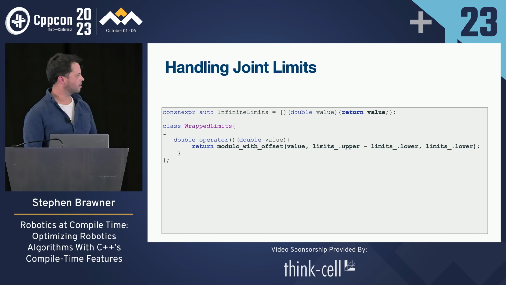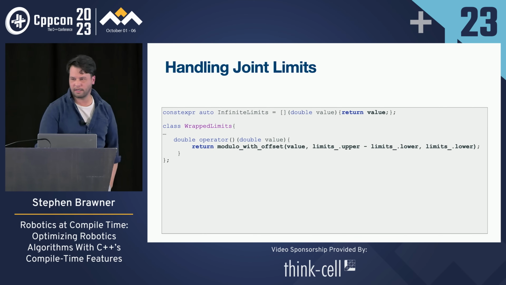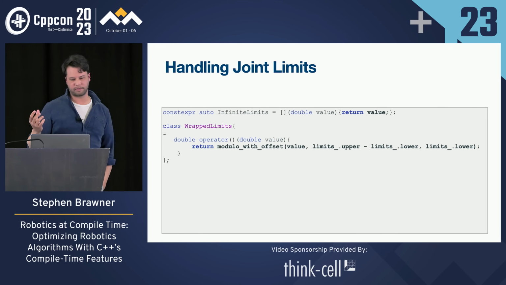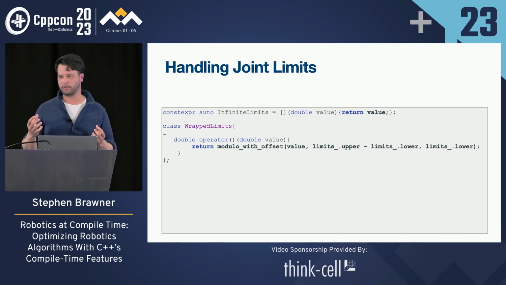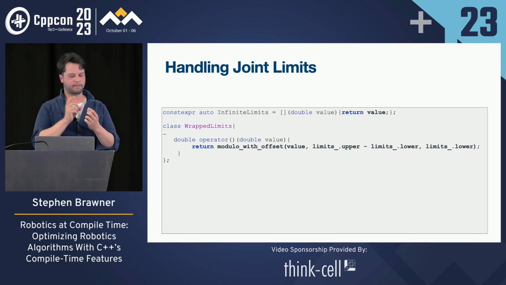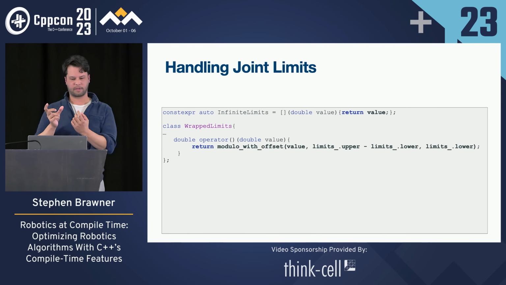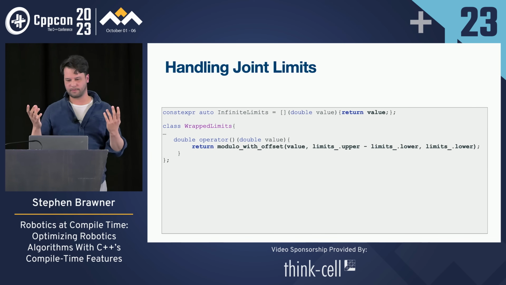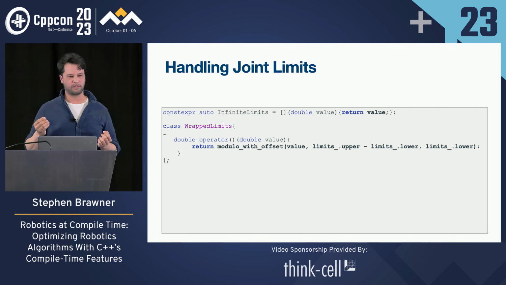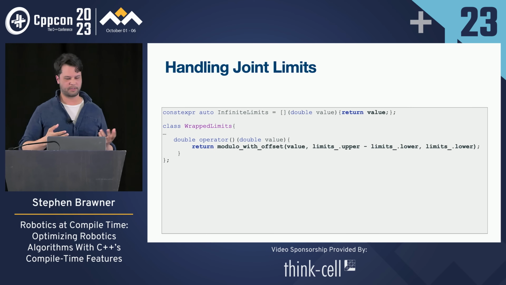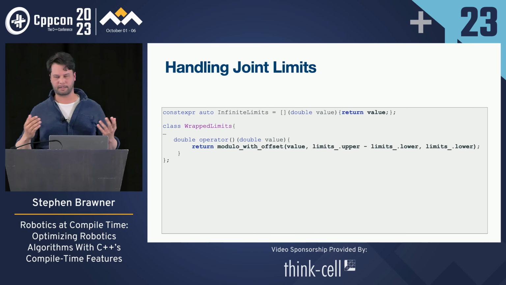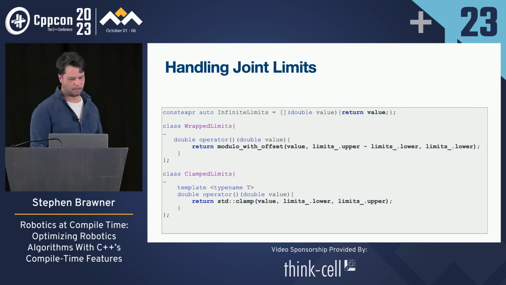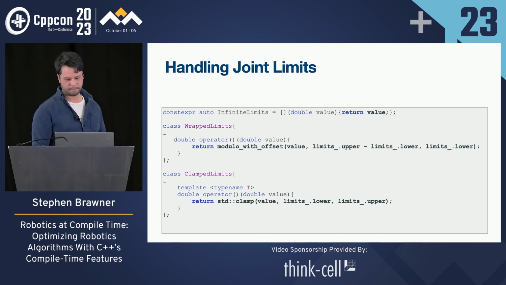For wrapped limits, this might use modulo with offset, which is an operation similar to modulus, but it can also be done with floating point, where basically you are shifting the range. So you could shift a rotational joint from 0 to 720 to plus or minus 180 sort of thing. And then of course we have the clamp limits.